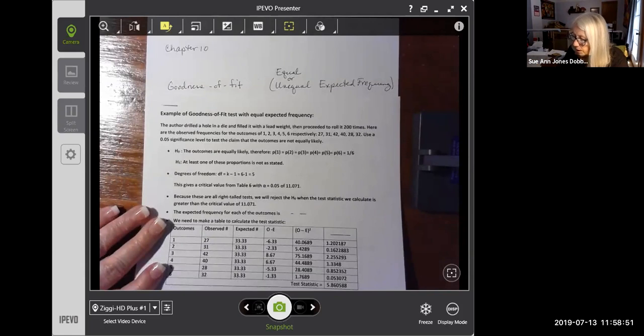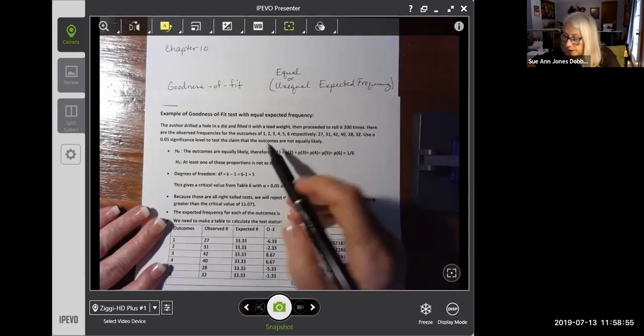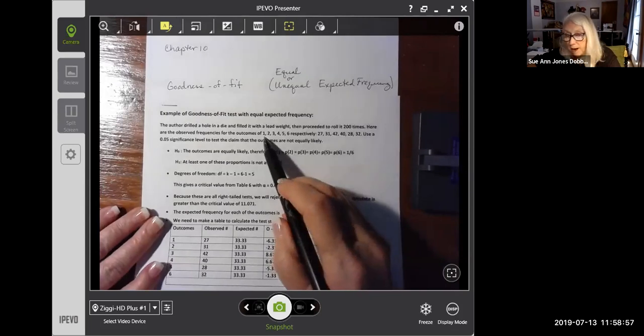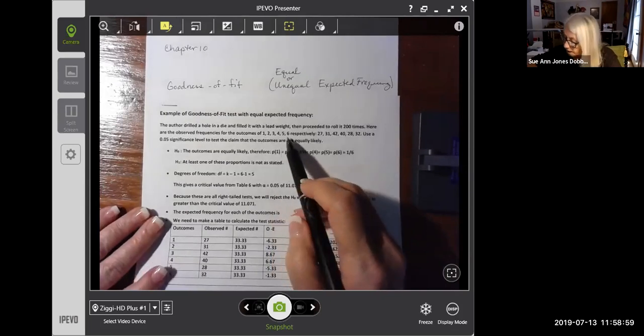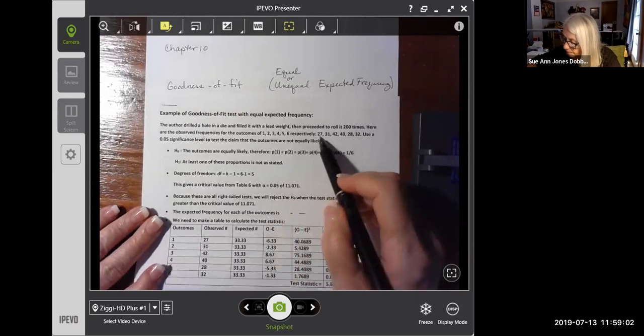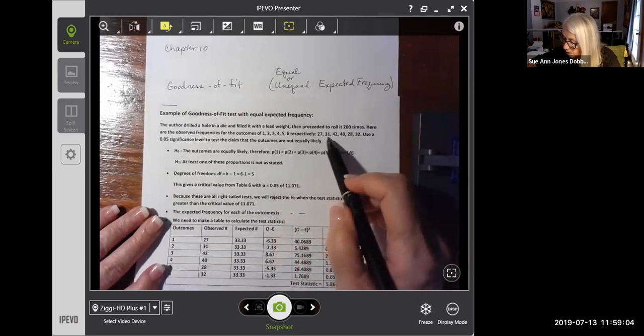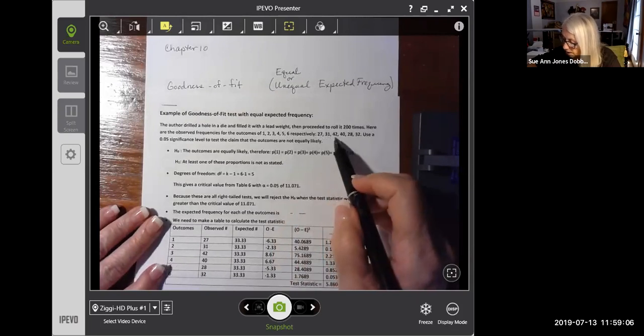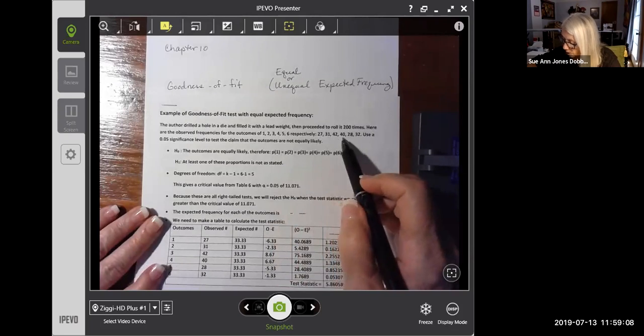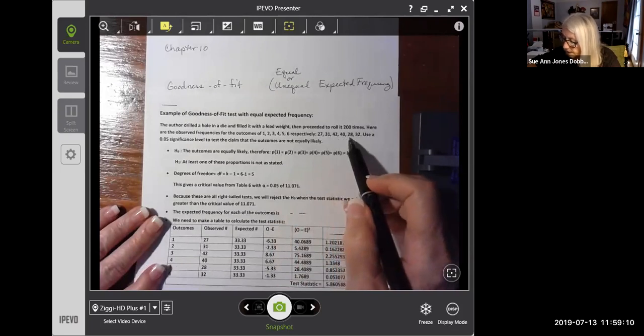And here are the observed frequencies. So the possible outcomes for rolling a die are still the numbers 1, 2, 3, 4, 5, or 6. And what they got was 27 ones, 31 twos, 42 threes, 40 fours, 28 fives, and 32 sixes.